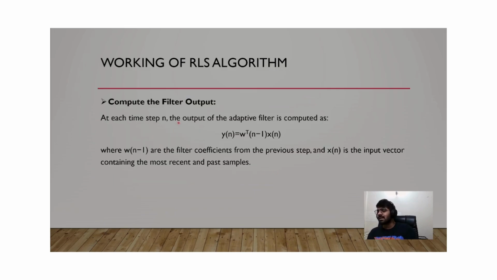Now, we compute the filter output. At each step n, the output of the adaptive filter is computed as yn is equal to omega transpose n minus 1 times xn, where omega n minus 1 are the filter coefficients from the previous step, and xn is the input vector containing the most recent and past samples.